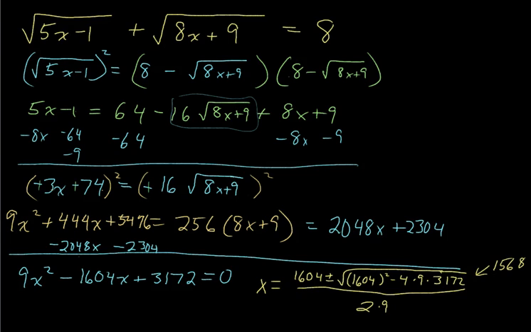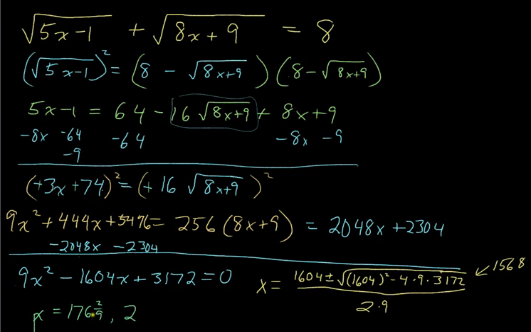So if we take the plus sign, we get 176 and 2/9 from the looks of it. Take the minus sign, 1604 minus 1568 divided by 18 is 2.